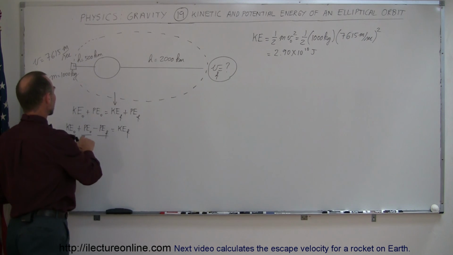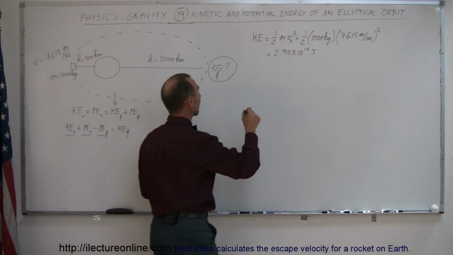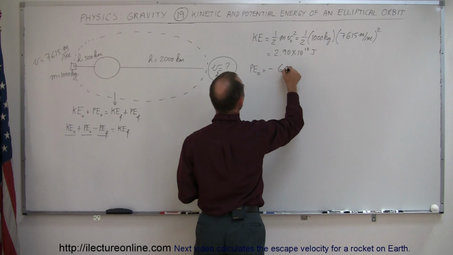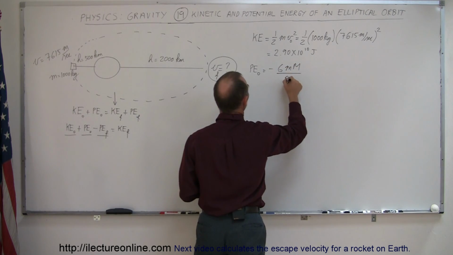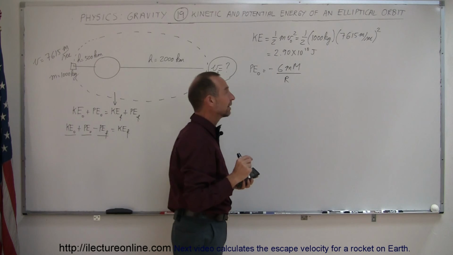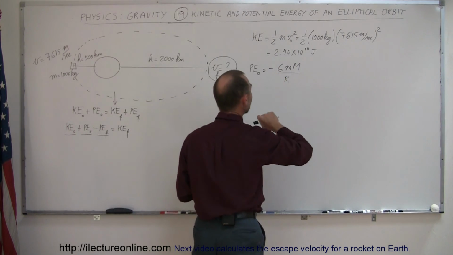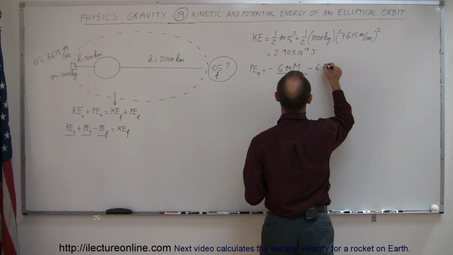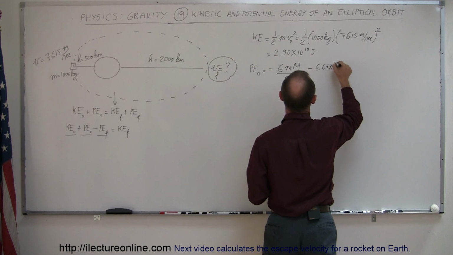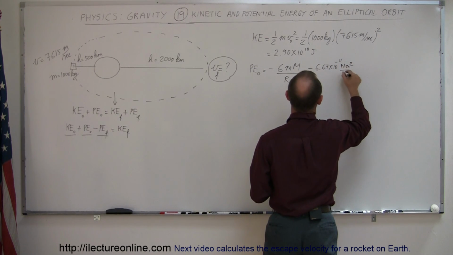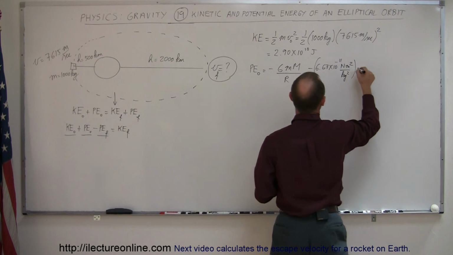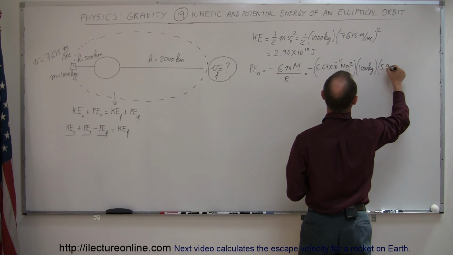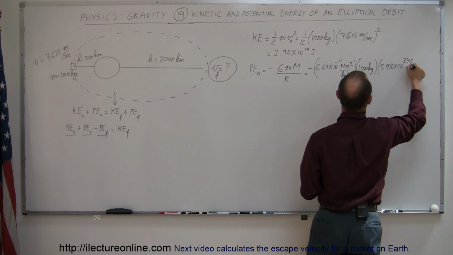Okay, next we need to find the potential energy at that location. The potential energy initial is equal to minus GmM over R. Now, if I remember right, that should be equal to double that and negative, but let's see if that's indeed correct. So that's equal to minus 6.67 times 10 to the minus 11 newton meter squared per kilogram squared, times 1,000 kilograms, and times the mass of the Earth, which is 5.98 times 10 to the 24 kilograms.